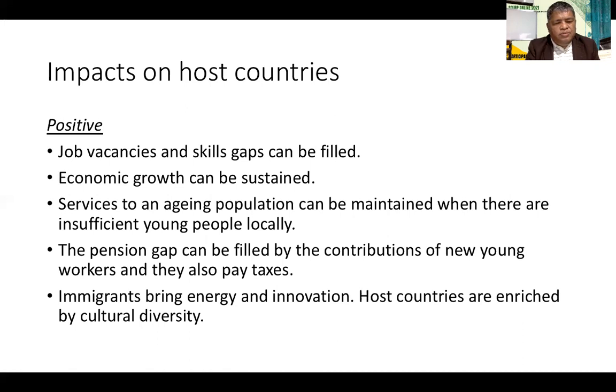However, we have so many nurses, so many medical personnel who want to try and have a good life in other countries. The pension gap can be filled by the contributions of new young workers, and they also pay taxes. So immigrants bring energy and innovation.